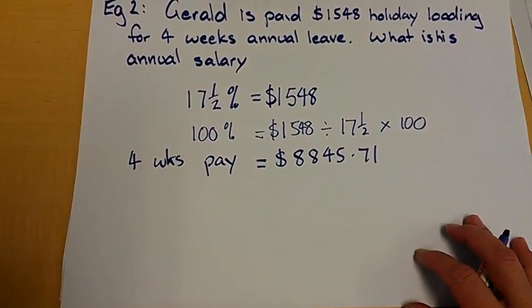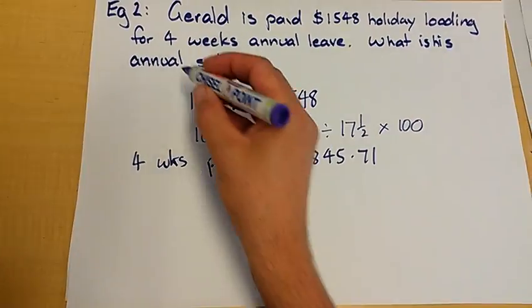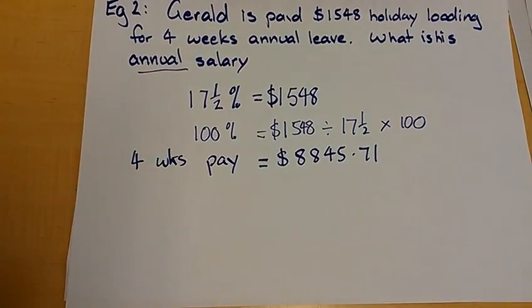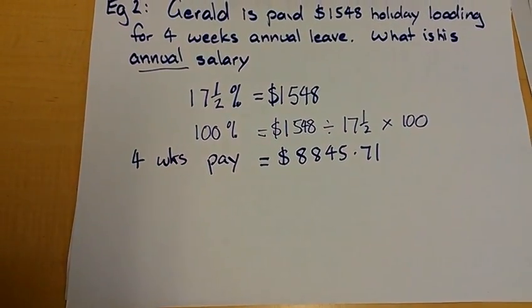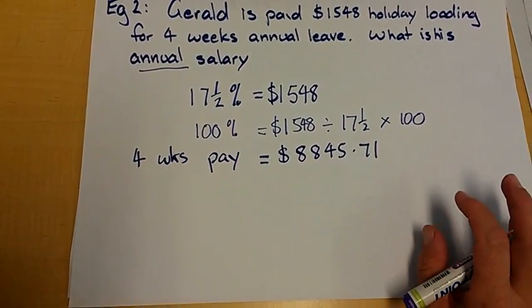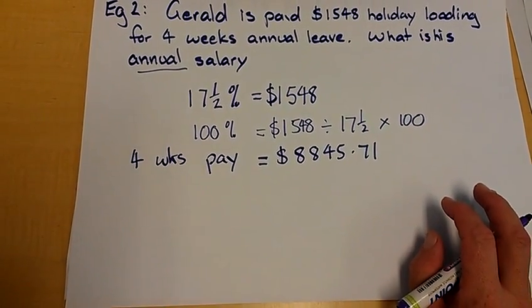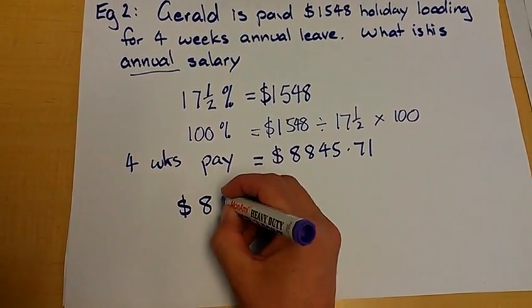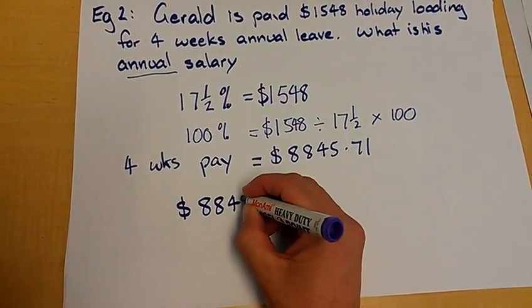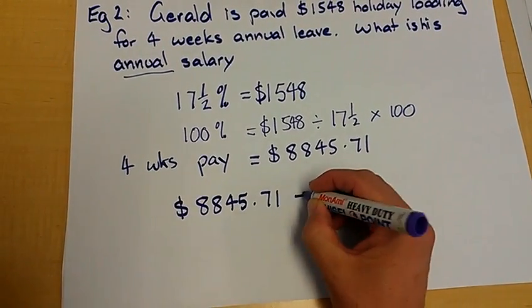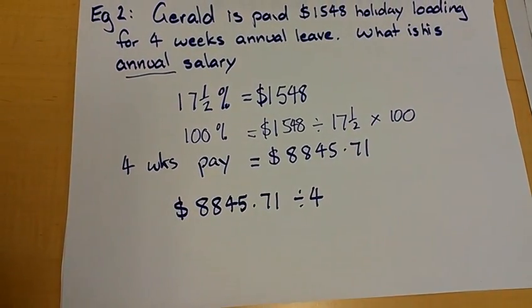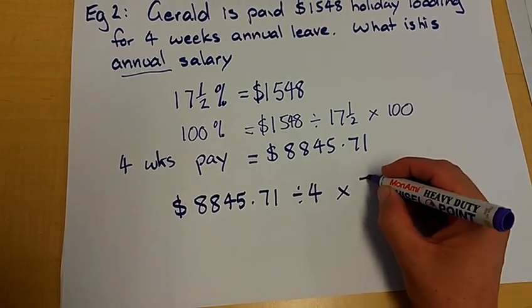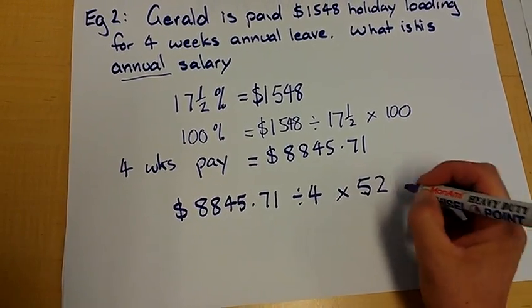So if that's 4 weeks pay, now I don't want 4 weeks pay, I want the annual salary. I want to know how much for a full year. So you could do this a couple of ways. Obvious way to do it may be to take $8,845.71, divide it by 4 to get it back to 1 week, and then times that by 52.